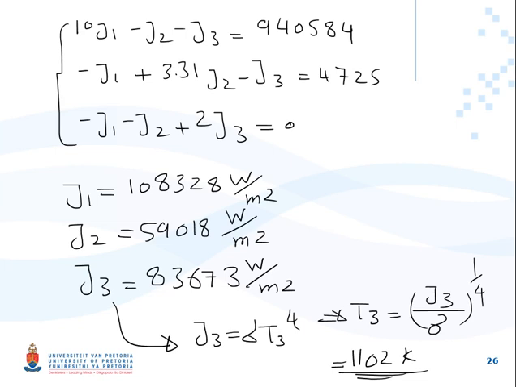In the next lecture we are going to talk about the effect of conduction and convection as well on radiation, especially when we are going to create those kinds of resistance networks, and how we are going to do it.